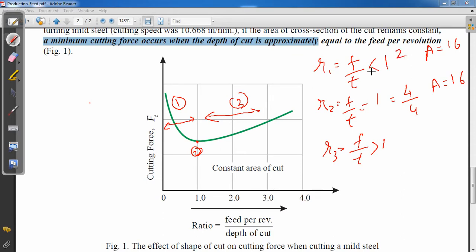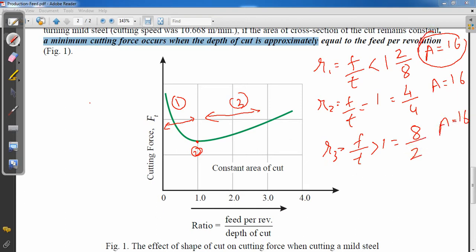Feed rate has to be less than depth of cut, that will be 2 and 8, and the multiplication 2 into 8 equal to 16. So we got 16 area of cut and we got a ratio less than 1. And now again, feed rate has to be greater than depth of cut. Okay, so 8 by 2. Here also area is 16.